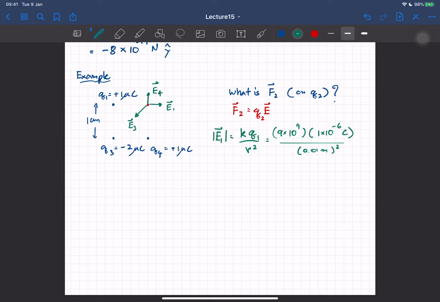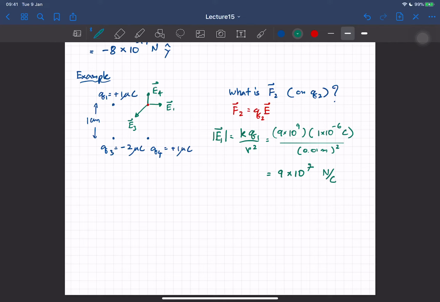Right, so it's the side of the square. So I calculate this, and what I get is quite a big number. So the electric field is 9 times 10 to the 7. What's the unit again? Newton per coulomb. So it's quite a strong, large electric field.